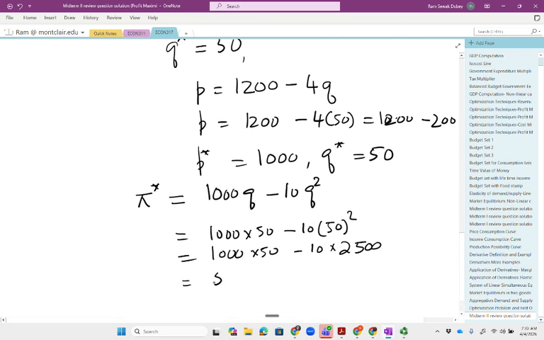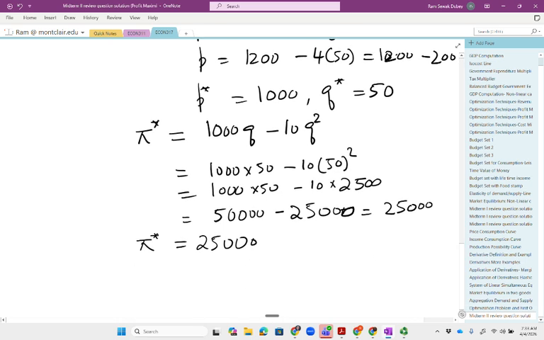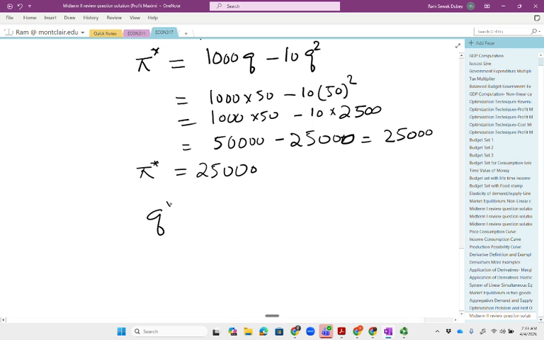So I have the first term 50,000, the second term 25,000, and so the maximum profit turns out to be 25,000. So pi star is 25,000. So that's our complete answer. Let's write it. Q star 50, P star 1000, pi star 25,000.